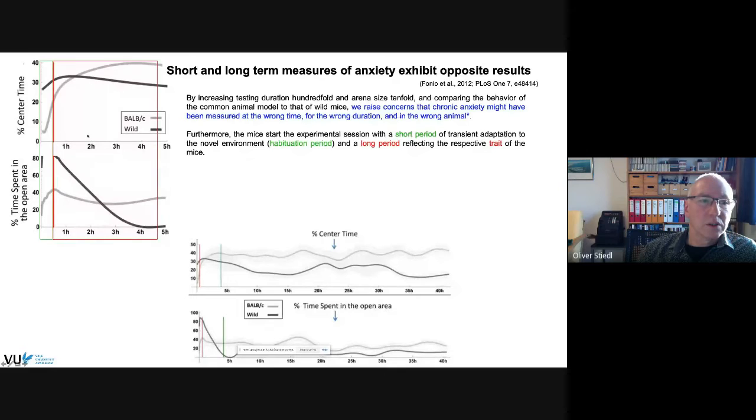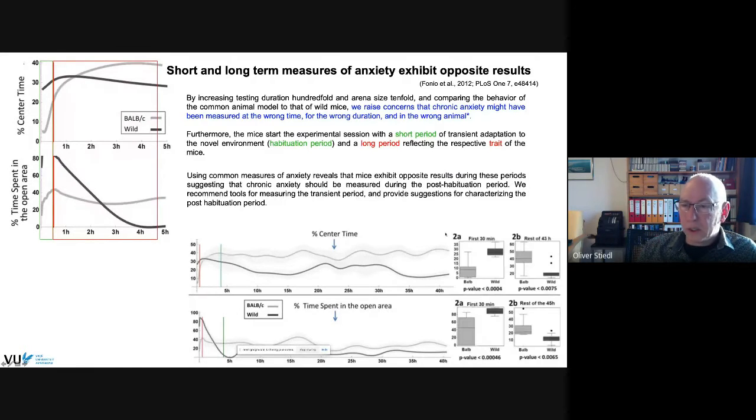And what you can also see is that this is inverted with increasing time, in that the wild mice, of course, reduce the center time and stay more at the edge, whereas this flips over from the BALB/c to the wild mice. And this is exactly the point, that you can see that depending on the time that you measure, you have completely opposite outcomes.